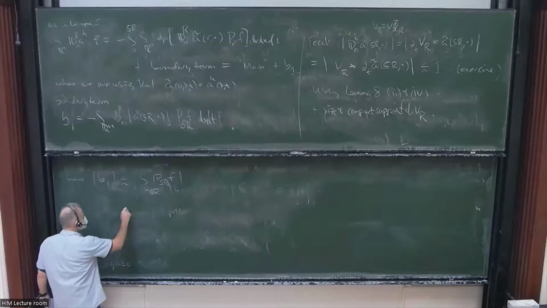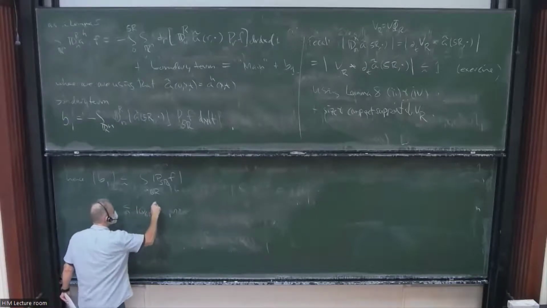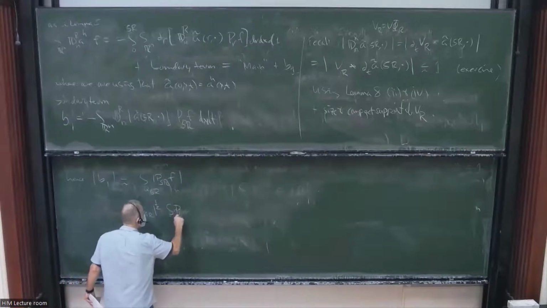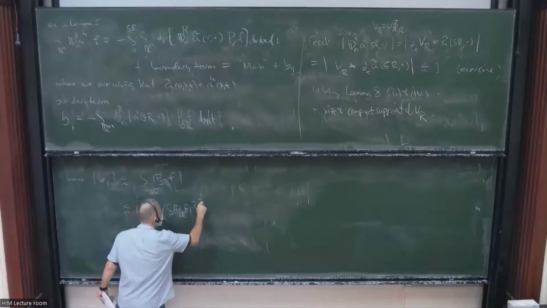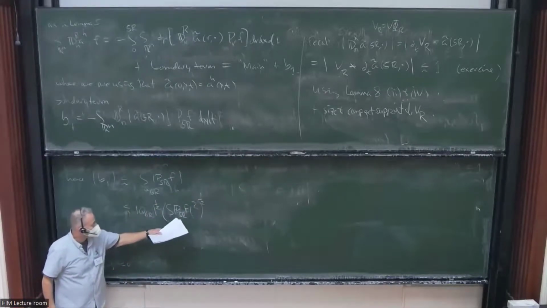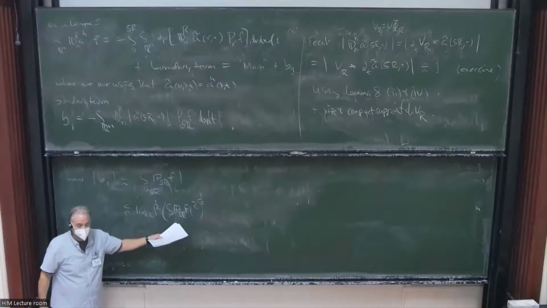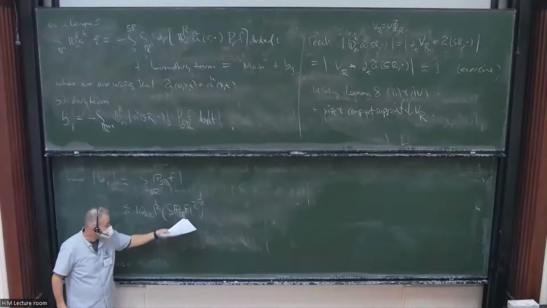All right, so then we just use Cauchy-Schwarz. And then of course, we use that an approximate identity applied to F is controlled by the Hardy-Littlewood maximal function applied to F, which is bounded on L2.